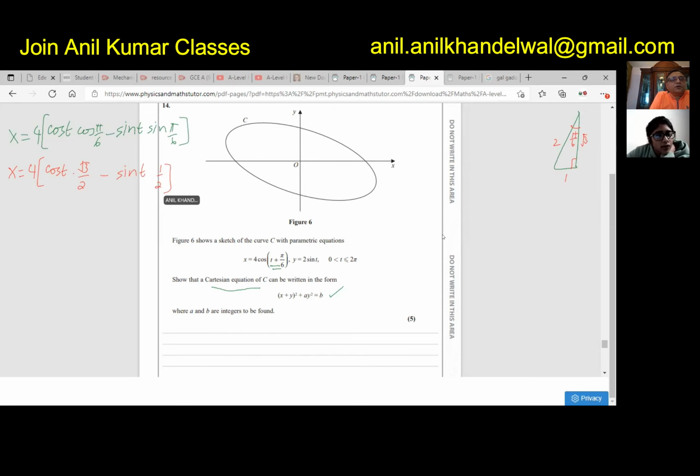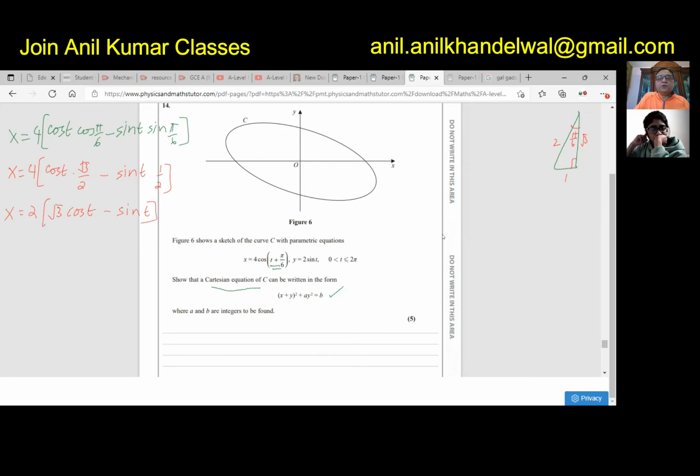So you get this half outside, and you have x equals 2 times (square root 3 cos t minus sine t). So you get the value of x as something like this, and you need to find the particular equation.